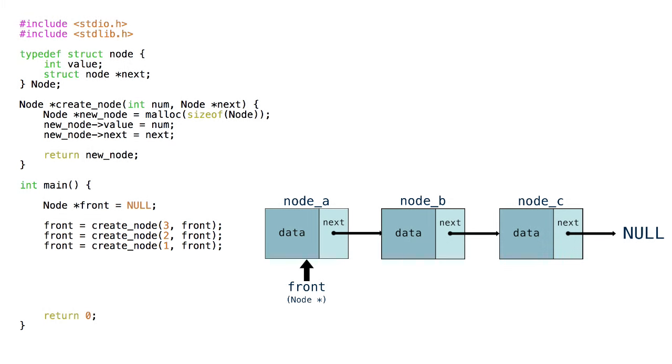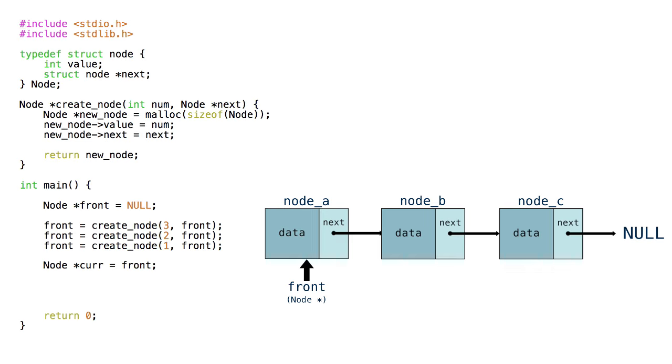Let's say we want to print each node's value. To do so, we'll need to visit each node in the list. That is, we'll need to traverse the list. We will use a while loop and a temporary node pointer to do this. First, let's add a temporary pointer.